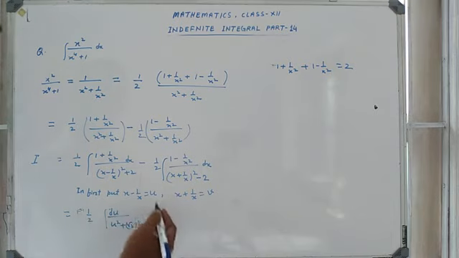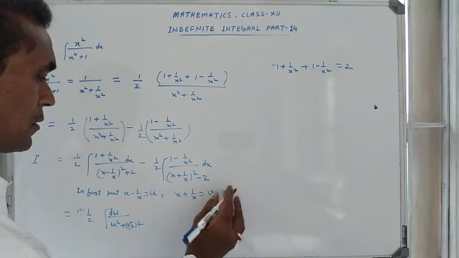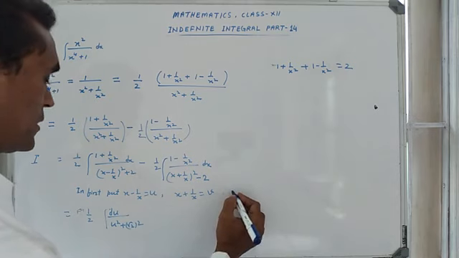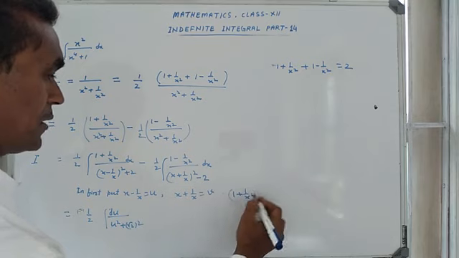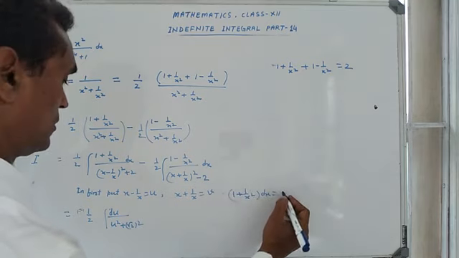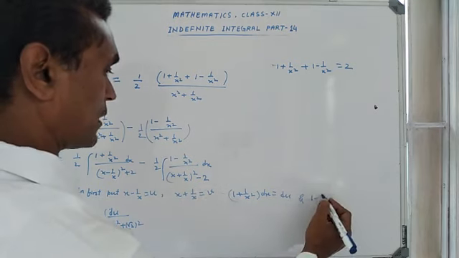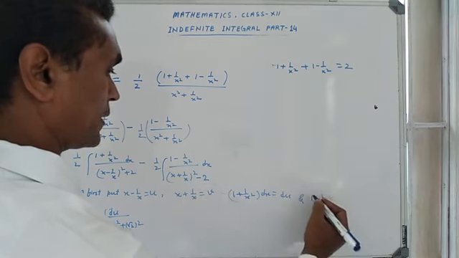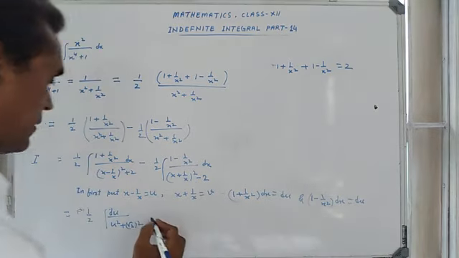As we have done in the previous question, if we differentiate this, then 1 plus 1 by x square dx equals du, and second one, 1 minus 1 by x square dx equals dv, that I am putting here.